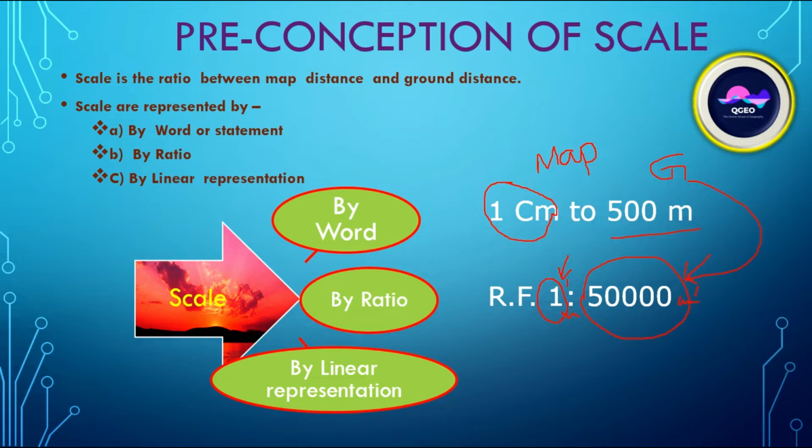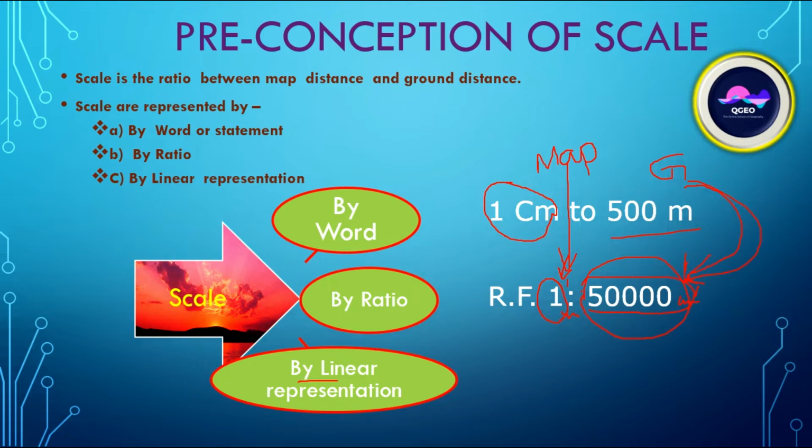In this way, we can represent the ratio scale. Numerator must be 1, and that will represent the map distance, and the denominator may be something that will represent the ground distance. But the unit of numerator and denominator will be the same. Remember, the unit of numerator and denominator will be the same, as it is a ratio.